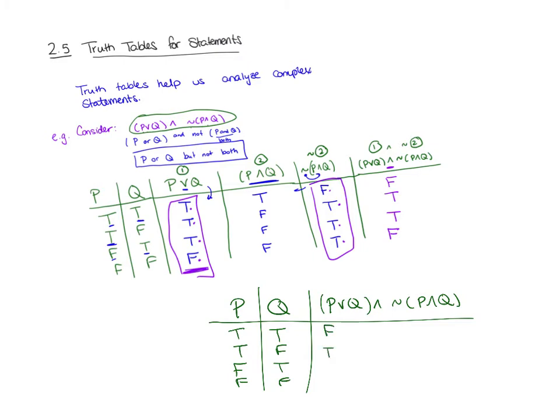False, true, true, false. So it's true when exactly one of P and Q is true, and it's false if they're both true or if neither of them is true, which is what we said in the beginning. So again, we can use these truth tables to help us analyze these statements. We break them down into their component statements and use the properties we know about those component statements to build them back up.